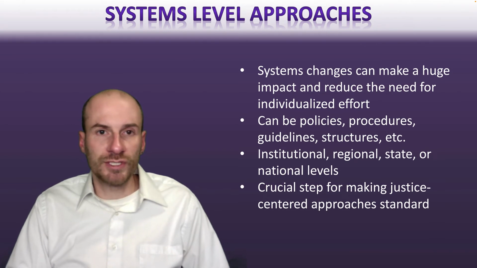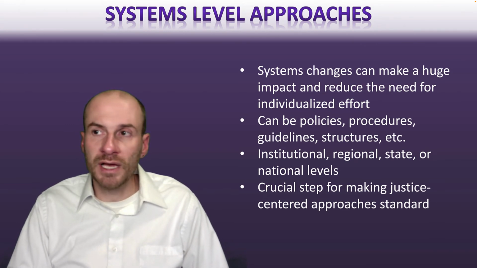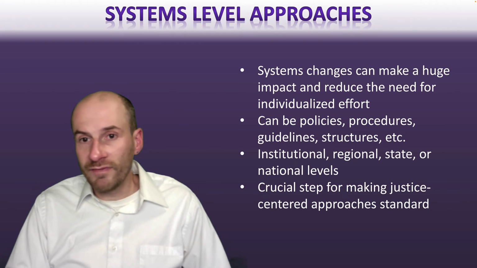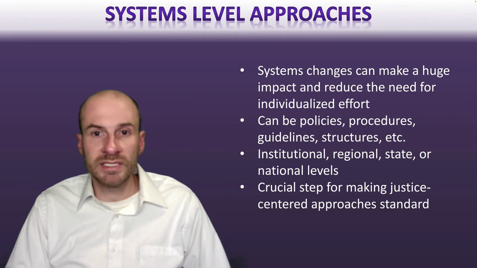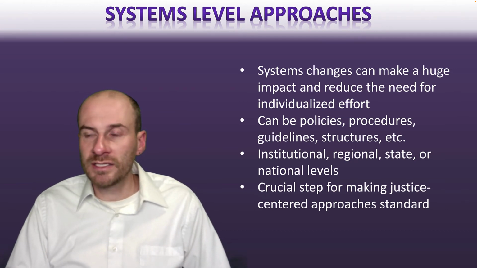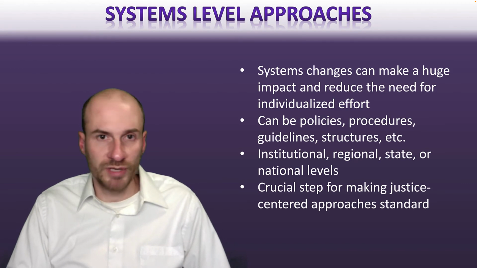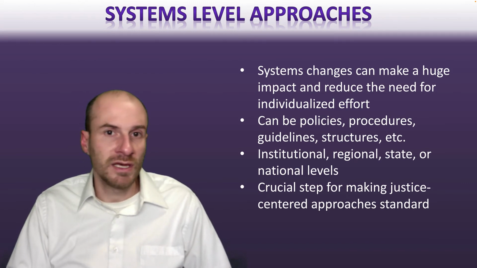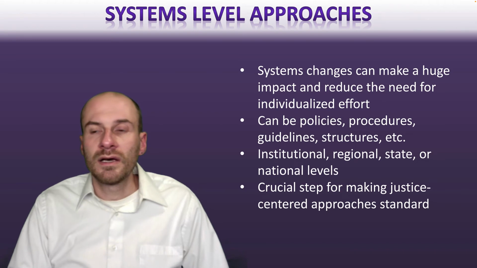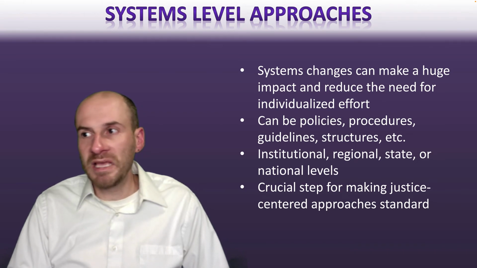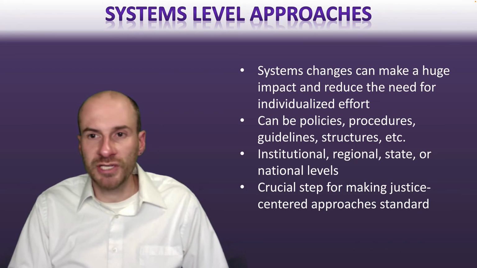So systems level approaches can be really important here because, as we know, a lot of these major health issues, health disparities that we're facing, that are major contributors to mortality in our society that you see every day in the clinic, a lot of these come from basically systems and patterns that are very meshed in our society.